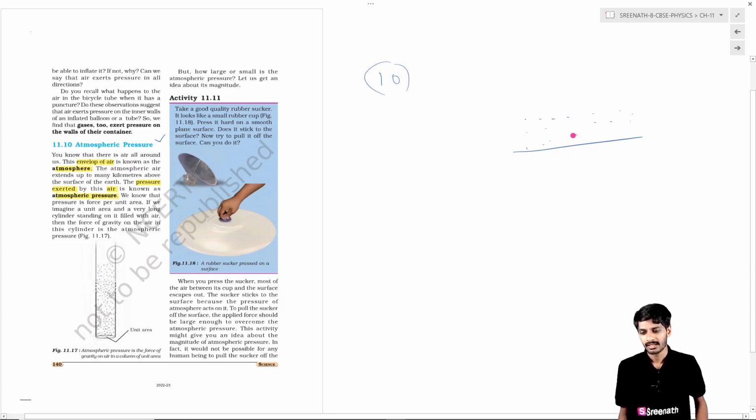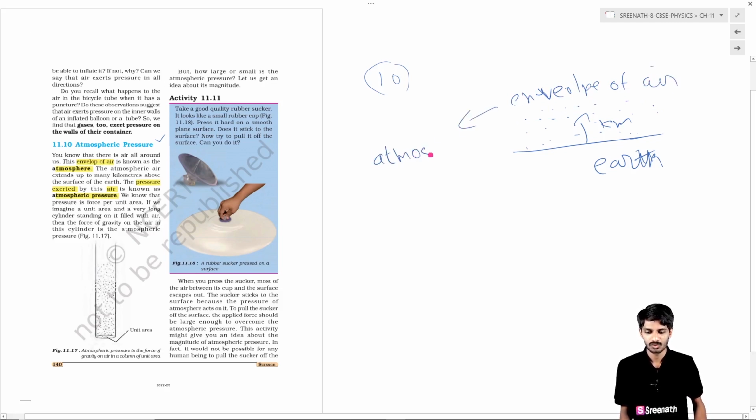There is air above earth up to some kilometers around the surface of earth. This envelope of air is called the atmosphere.